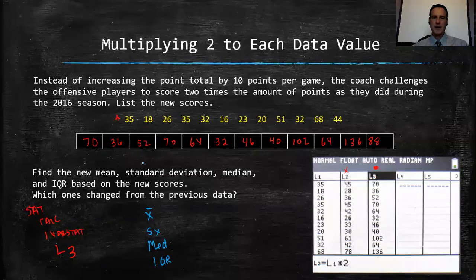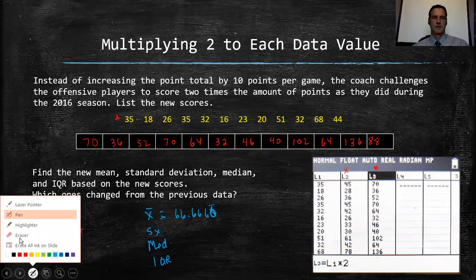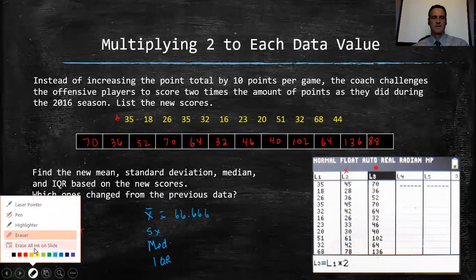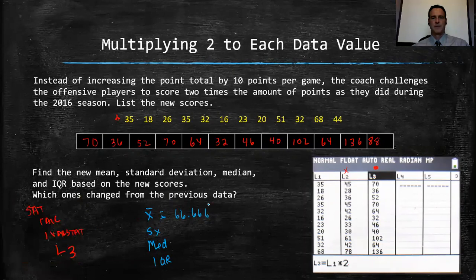Okay, so let me see what I got. Hopefully you have something similar. My new average, if you were to do this, is 66.6 repeating. In fact, I'll write a bunch of these out so it looks better. All right, there we go.